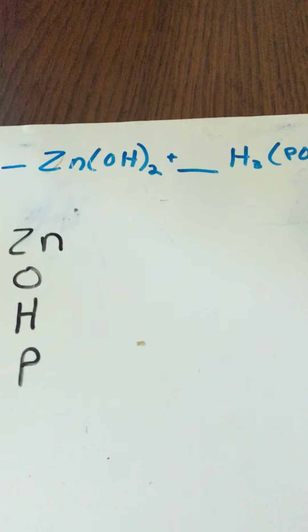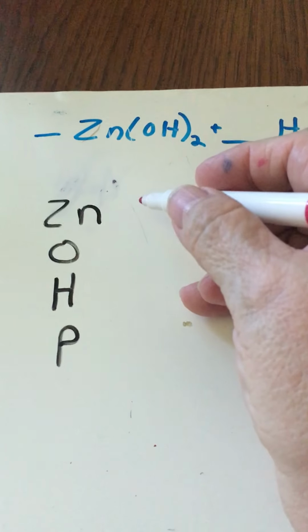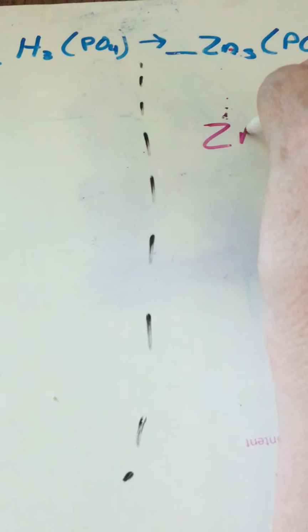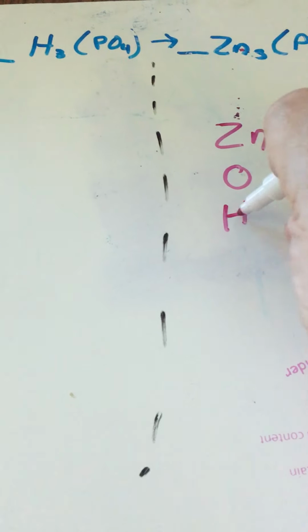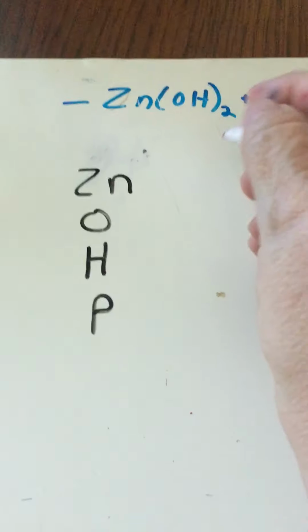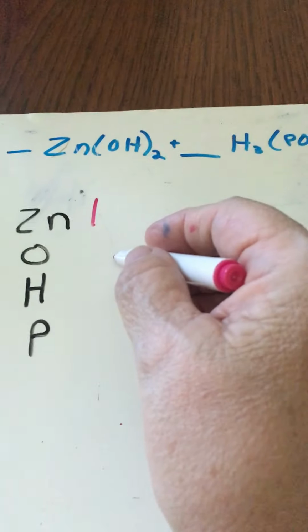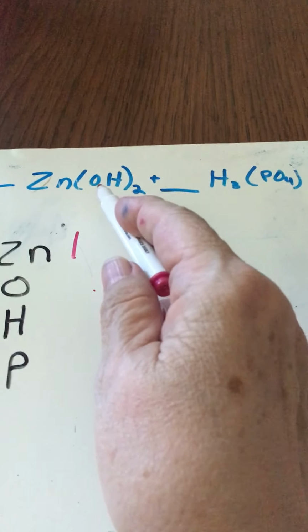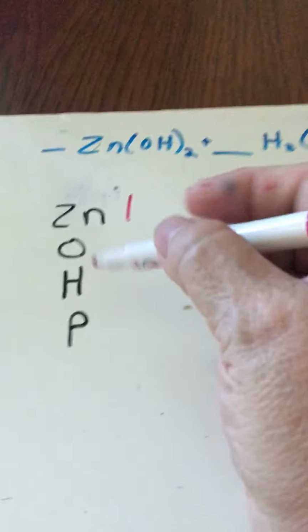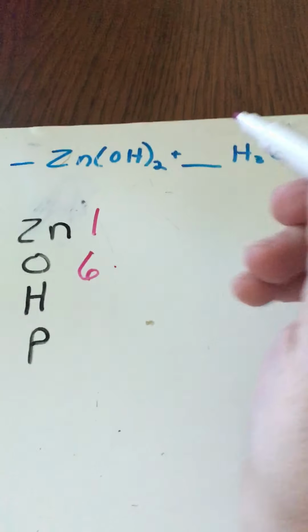Last example. This one has 2 sets of polyatomic ions in it, hydroxide and phosphate. All right, so copy. We have 1 zinc. We have 2 oxygen plus 4 oxygen, so that's 6 oxygen.